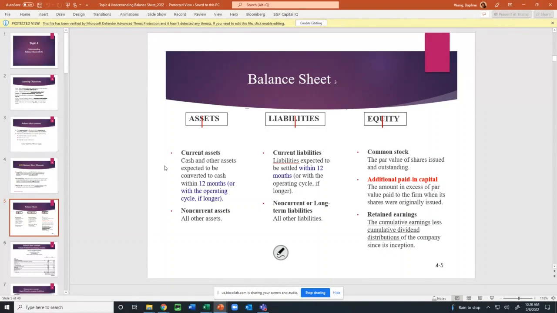Tax payable. If they withhold the income tax from the employee's paycheck, based on your marital status and the salary you earn, the IRS has a tax book to show how much money they need to withhold from your paycheck, right? So they withhold the tax from the paycheck, and they accumulate it together. They don't pay to the IRS right away, so it becomes tax payable.